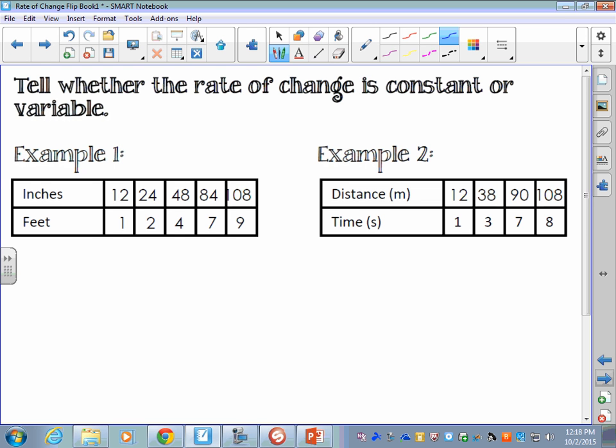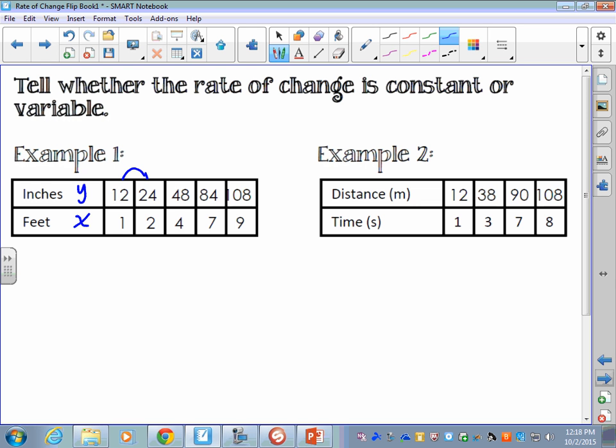Let me ask you this: which depends on the other? Inches depends on feet. So since inches depends on feet, is inches our domain, our x, or is it our range, our y? It's our y. So this is y, this is x. We have to first identify which is the x and which is the y. Then we look at the change between them, because slope, or the rate of change, is the change in y compared to the change in x.